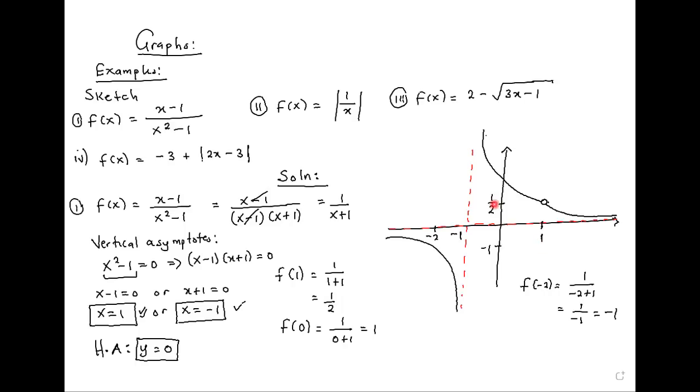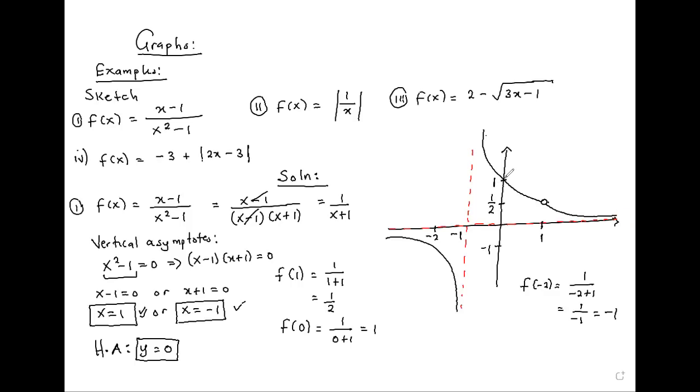So this half, so we have 1 comma half. This point is removed from the graph. If the graph wants to pass there, it will find an open hole there. It won't close because we'll never use this number 1 from the original question. If you place 1 here, you have an undefined thing. So to avoid that, you remove it in advance. Then you have your sketch, but you must know where it is touching the y-axis. So it's touching at 1.